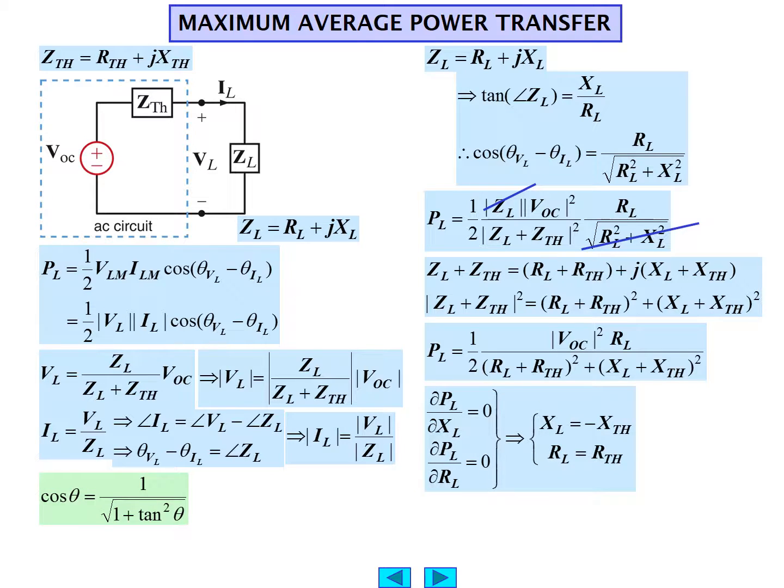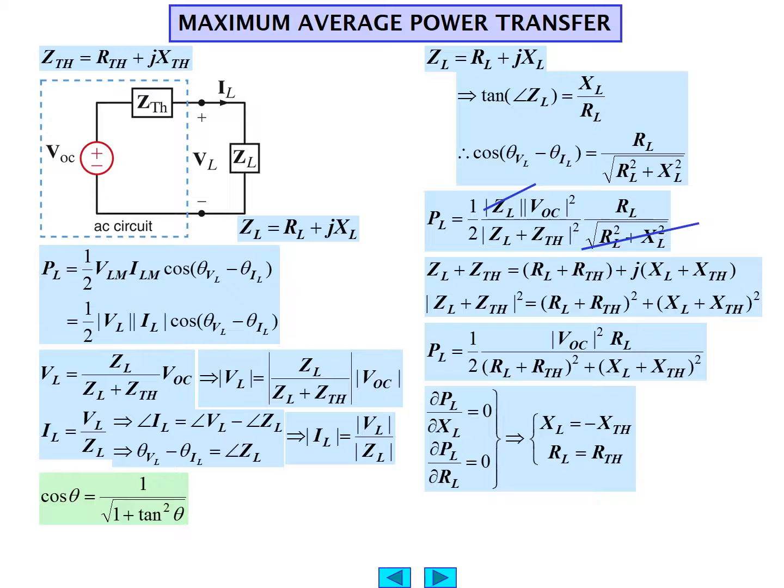We can now take the derivatives of these functions. In other words, the partial derivative of the load power with respect to the reactance X sub L, and the partial derivative of P sub L with respect to the load resistive component R sub L, because it's a function of more than one variable.